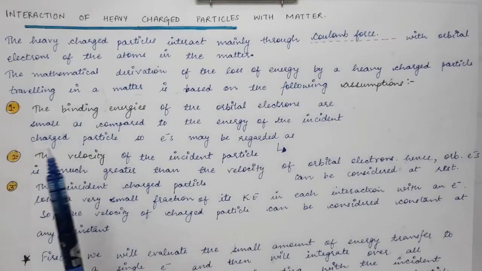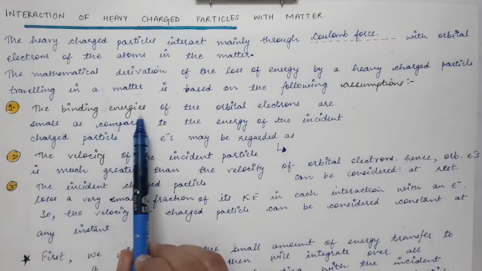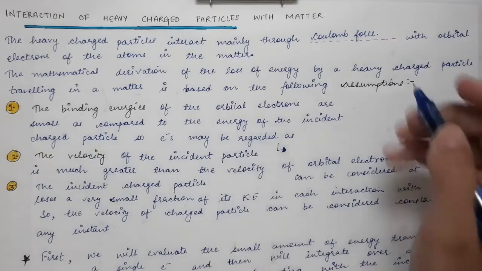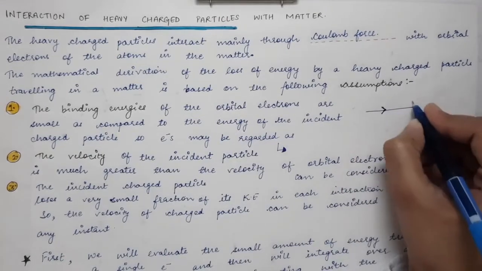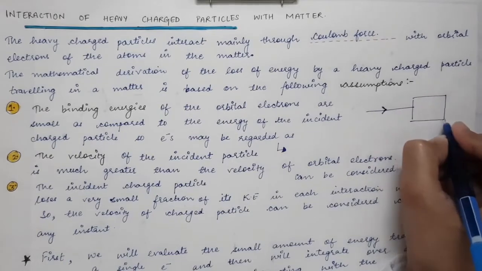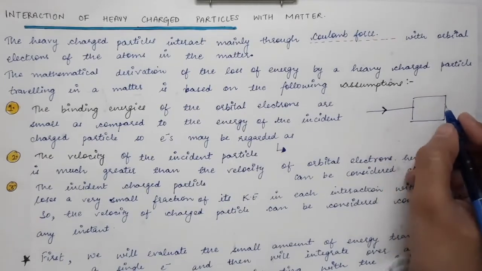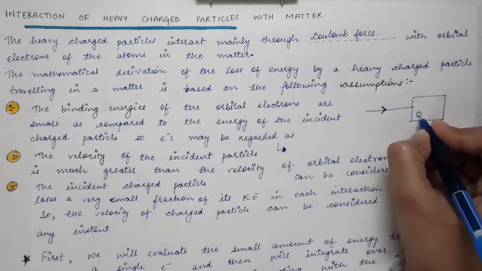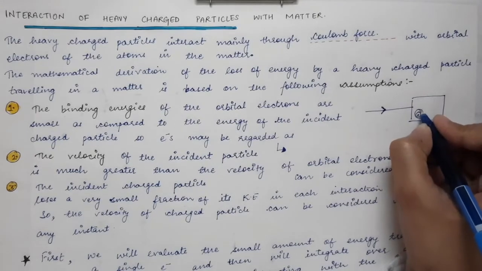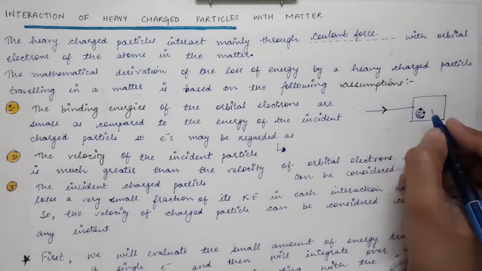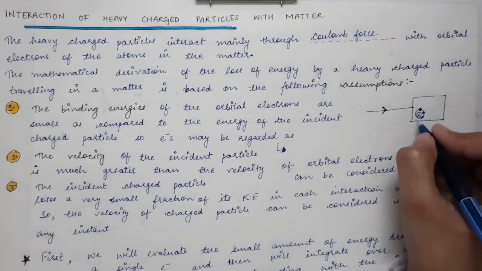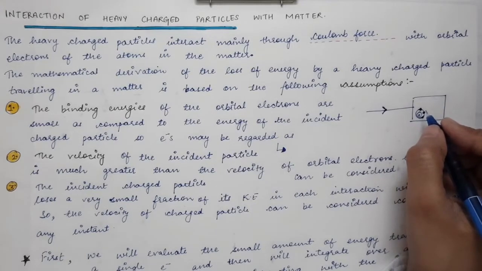The first assumption concerns the binding energies of the orbital electrons, as the heavy charged particle enters a medium. This medium is made up of a large number of atoms, so there will be some electrons revolving around the nucleus of the atoms of the medium.